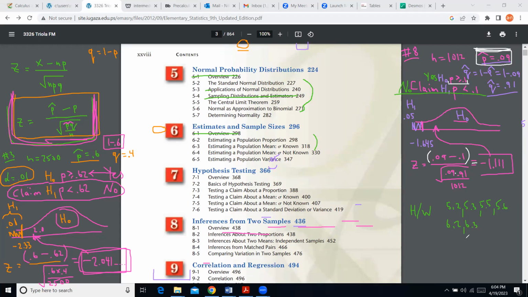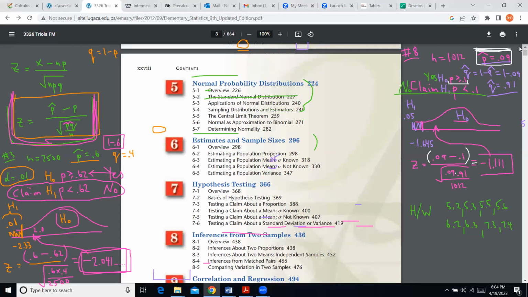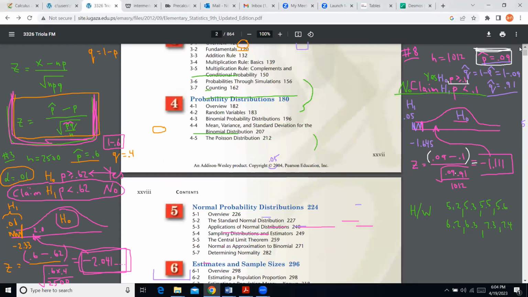And then we had chapter 7 that worked with 7.3 and 7.4 basically. Oh, and I totally forgot, we also had chapter 4. Yes, that's right. We also had chapter 4 because I stopped at chapter 3 for the midterm.